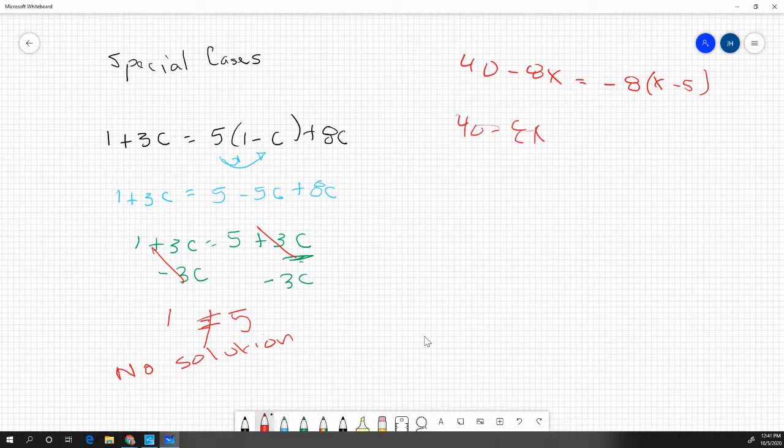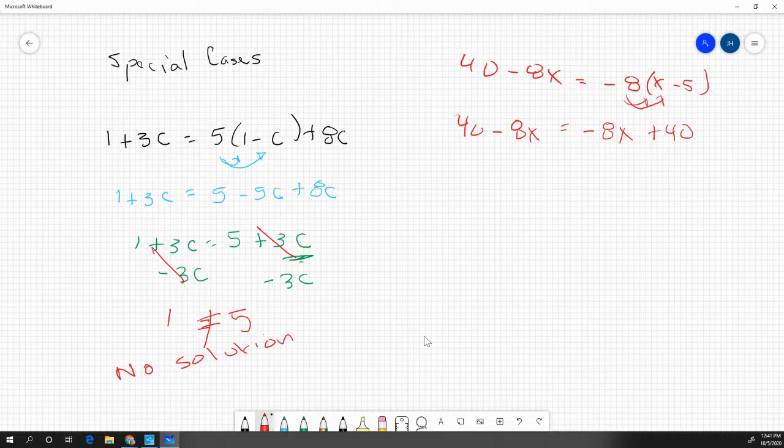Let's see if I can make that prettier. 40 minus 8x equals, we're going to distribute this negative 8 in. So I've got negative 8 times x is negative 8x. And then I have negative 8 times negative 5, which is positive 40, right?